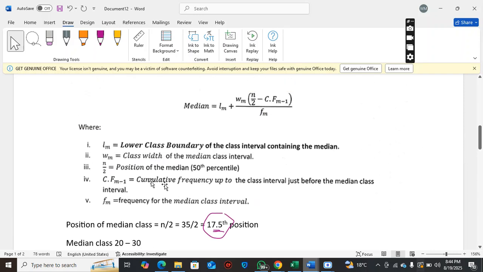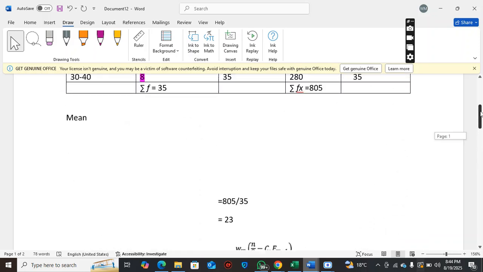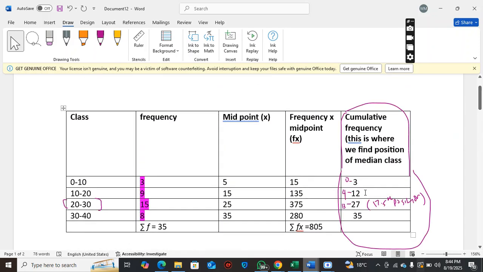Cumulative frequency up to the class interval just before the median class. You come back to your cumulative frequency column. It's this 12 here. So you get this cumulative frequency before the median class. So this 12 here.